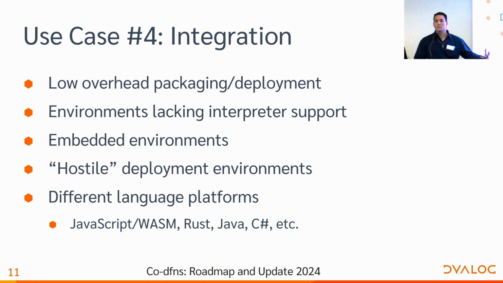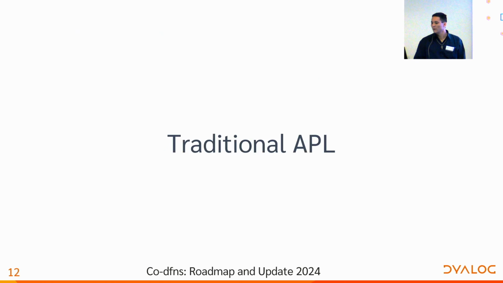So you need something that's really stripped down, and you need to be able to provide guarantees around that. So right now, JavaScript and WASM and embedded apps are probably the highest priority here. But if you've got another hostile place that you would like to deploy APL for, this would talk to me. I'd like to make sure that we can provide that for you.